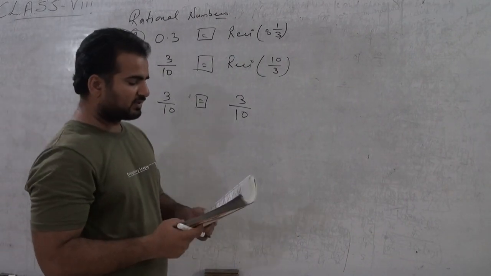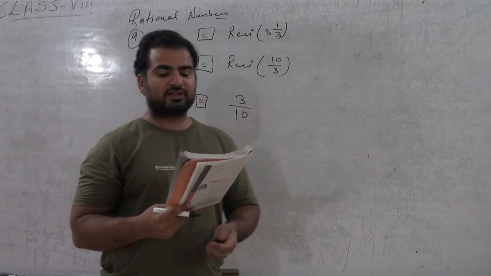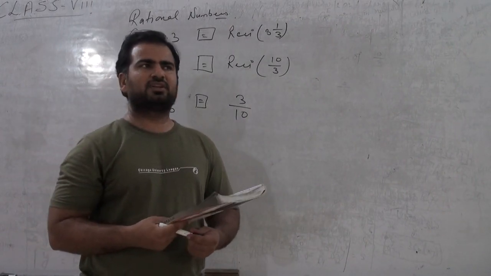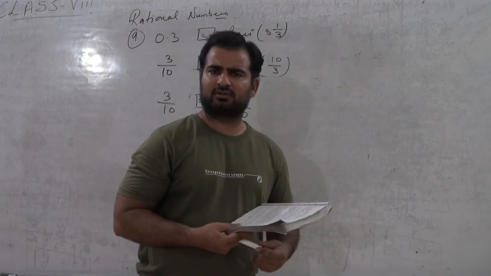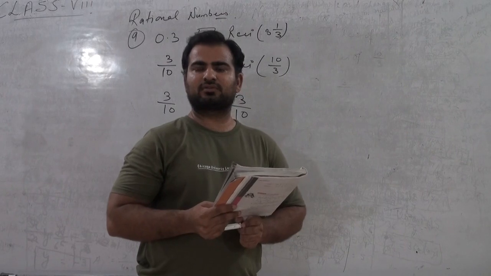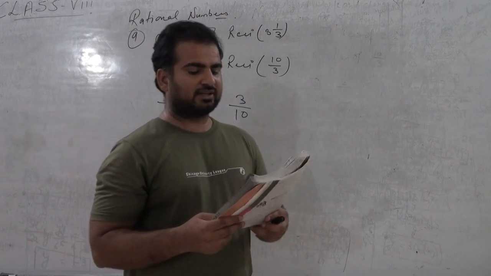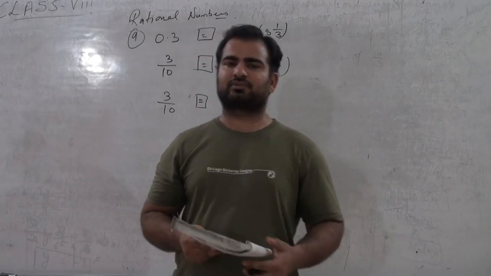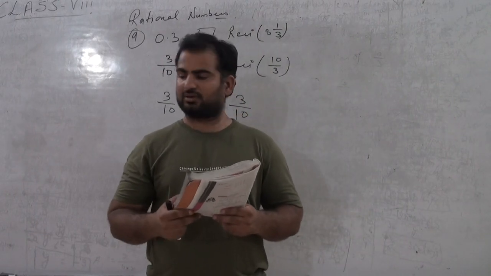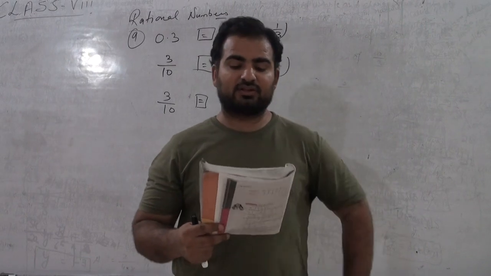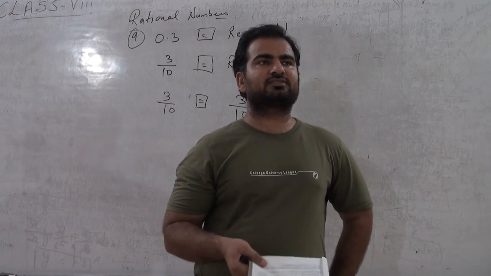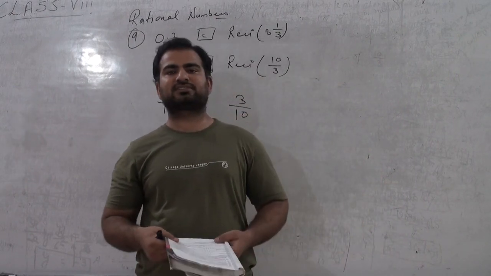Question number 10 is: write the rational number that does not have a reciprocal. Then, the rational number that is equal to its reciprocal.